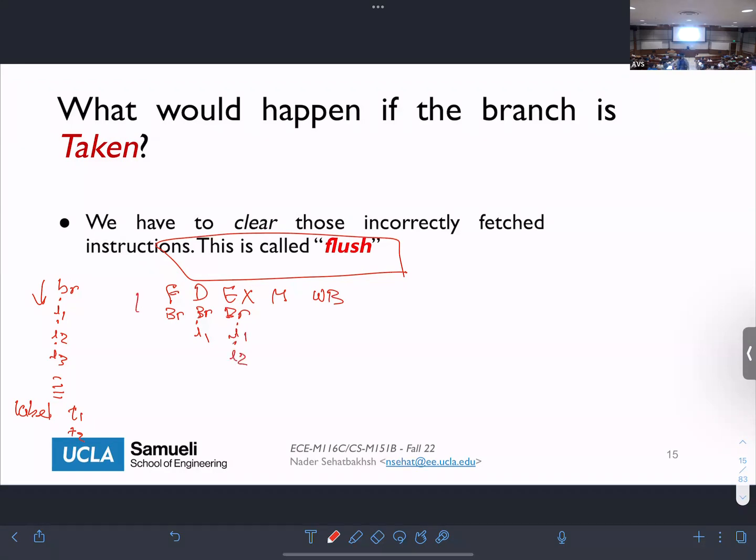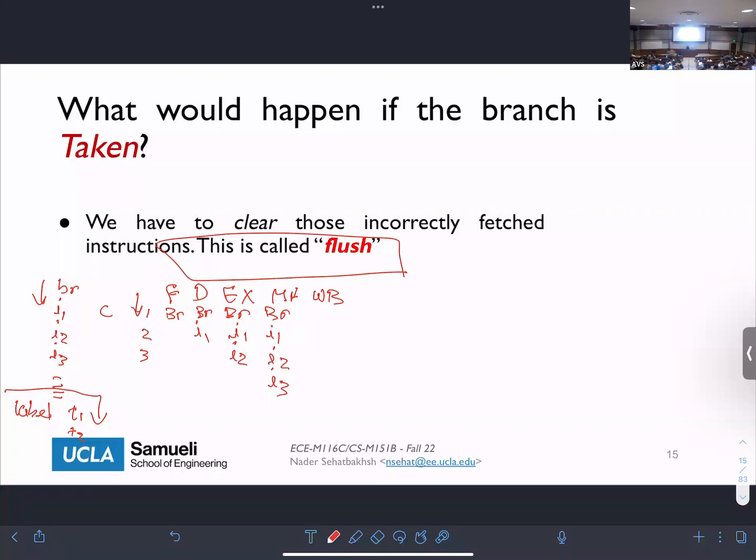These are the cycles: this is cycle number 1, this is cycle number 2, 3, and so on. And at the end of this cycle, we know that we made a mistake. We know that we shouldn't have executed I1, I2, and I3. Instead, we should have executed T1, T2, and T3.